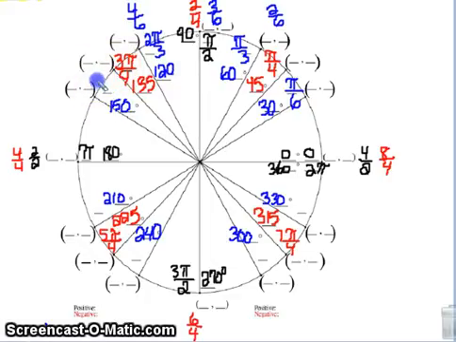And then after 4/6 is 5/6. 6/6 comes next. 7/6 comes after that, so this is going to be 7 pi over 6. 8/6 comes next. I'm not going to write 8/6 because what is 8/6 simplifying to? Be careful. 4 pi over 3.